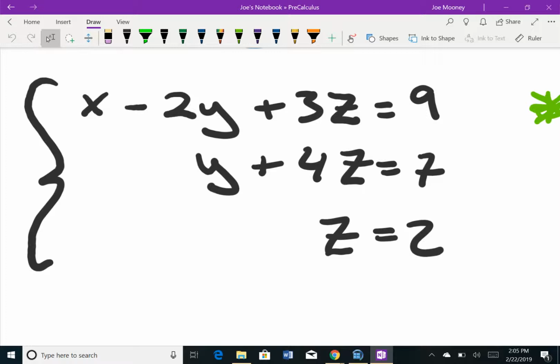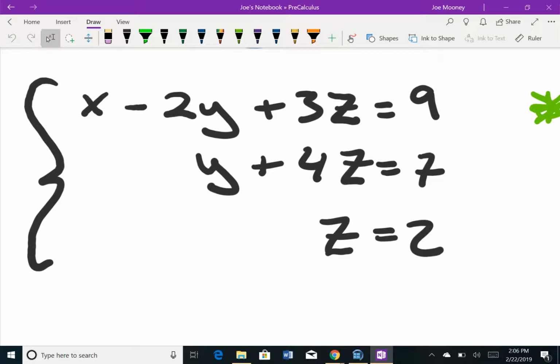Then you've got Y and Z in the second one with a coefficient of 1 on your Y. Then you've got Z in your bottom one with a coefficient of 1. So now I can back substitute that into there, and then I'll find out what Y is. And then when I know what Y and Z are, back substitute in there and go from there. But the thing to notice is, well, you will see in the lesson today how it benefits you.